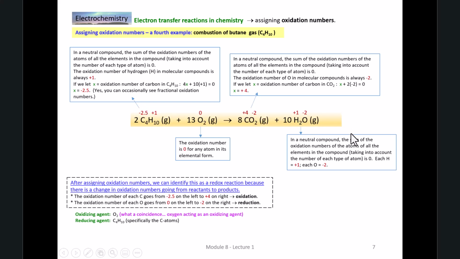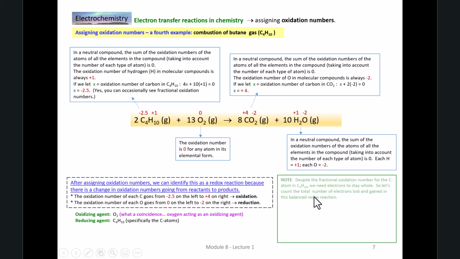Let's talk about this fractional oxidation number here for a minute. Despite the fractional oxidation number for the carbon atom, we do need electrons to stay whole. So let's count the total number of electrons lost and gained in this balanced redox reaction. The total number of electrons lost would be 8 carbon atoms undergoing a change from an oxidation number of -2.5 to +4.